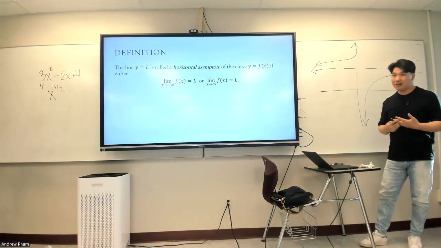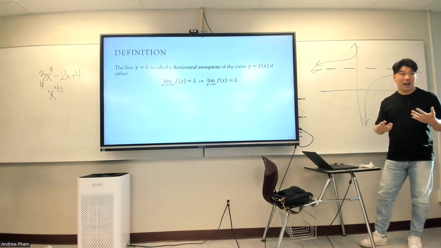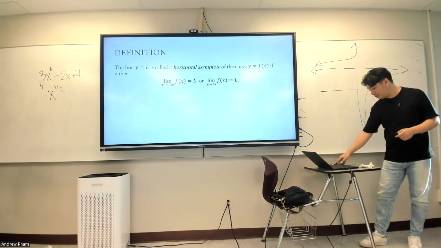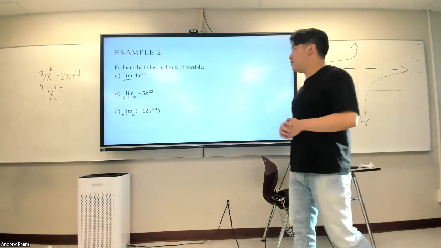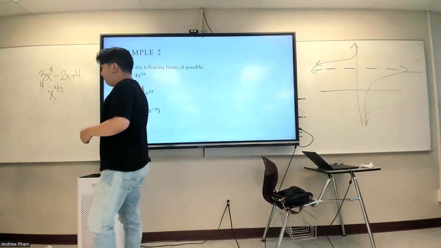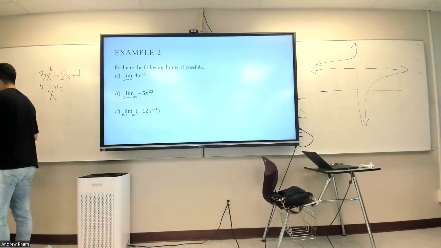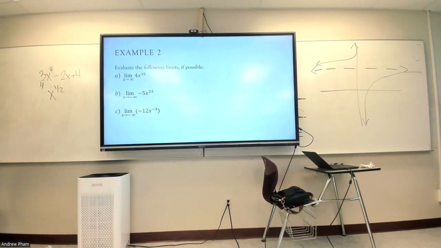Now let's actually get into dealing with examples and calculations. What can we do with it? So I have example 2. I've got parts A, B, and C here. They're all limits at infinity or negative infinity.